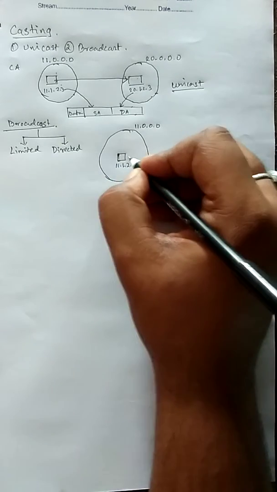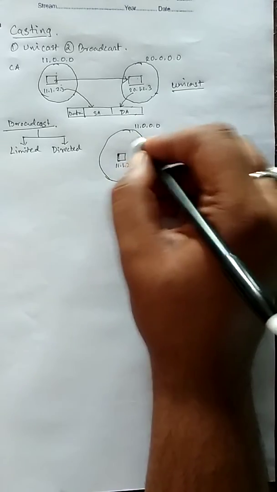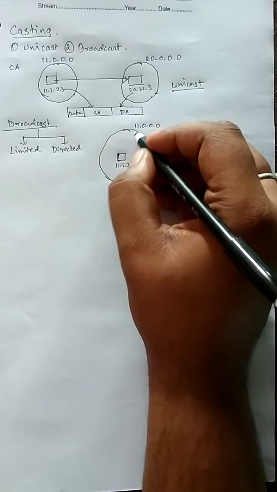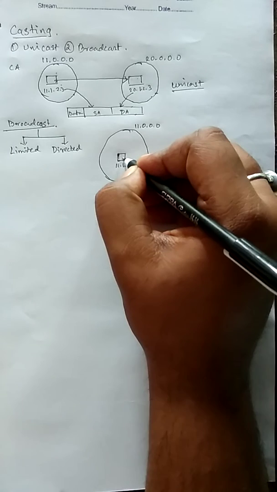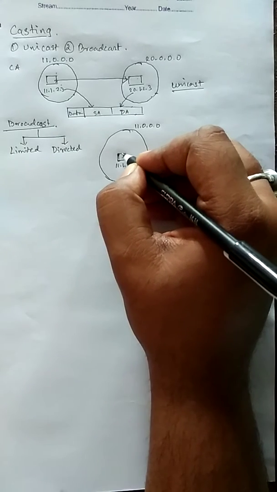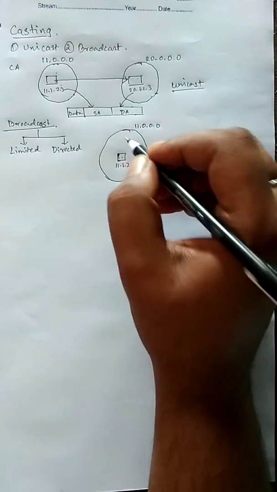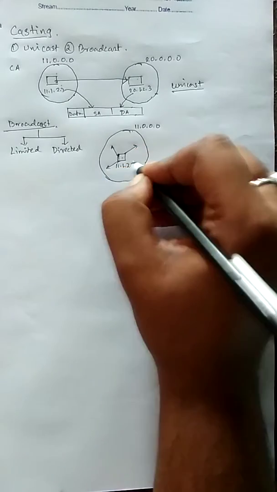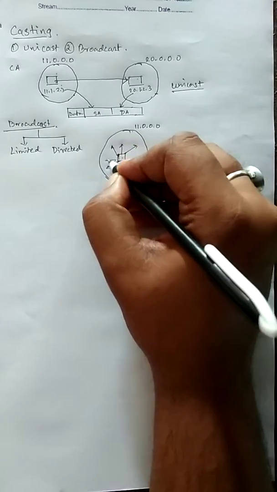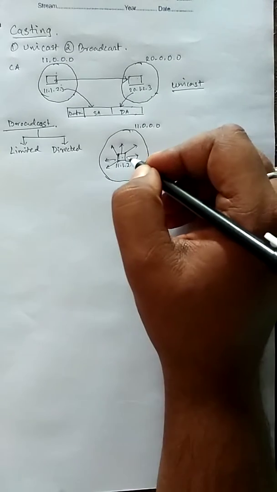This host wants to send the information or data to all other hosts inside this network. So what is basically happening is that all the hosts inside this network will receive the information or data.